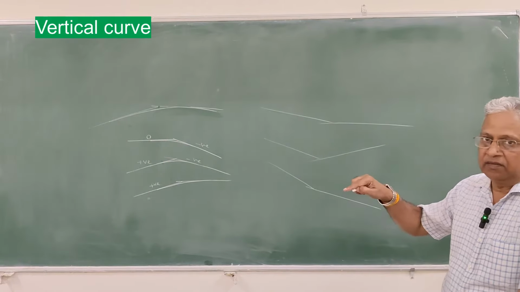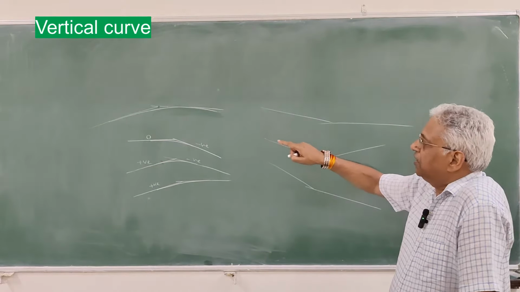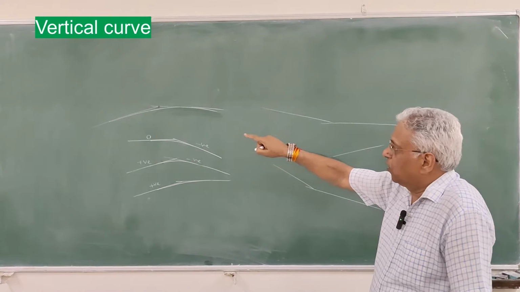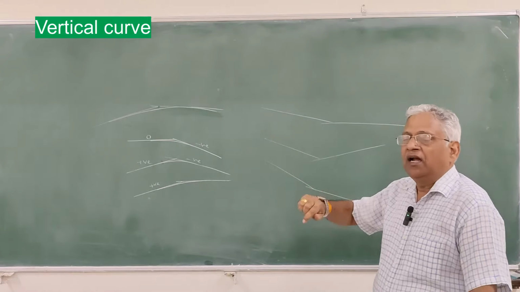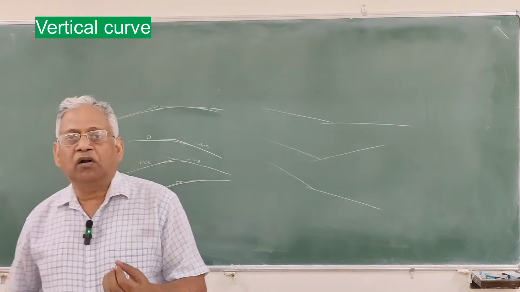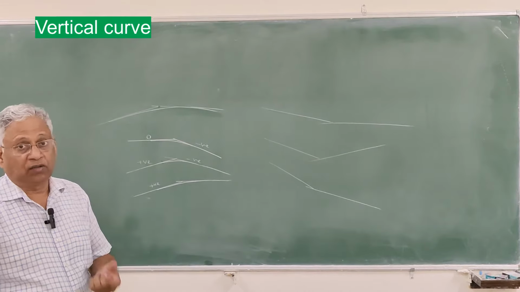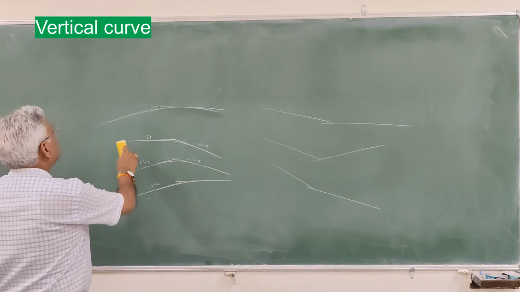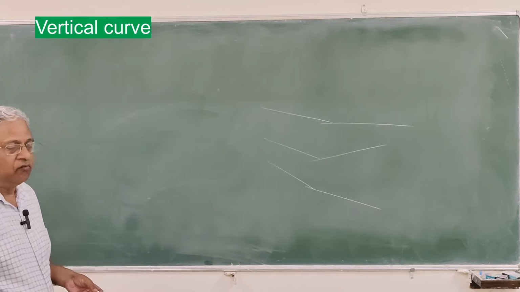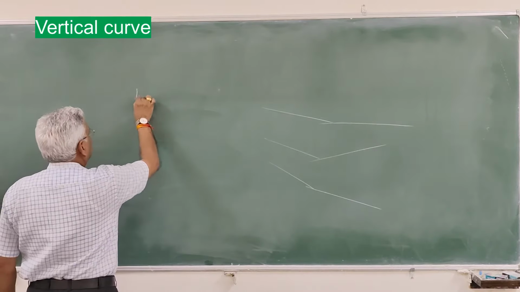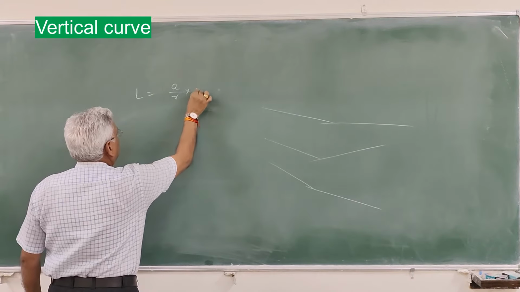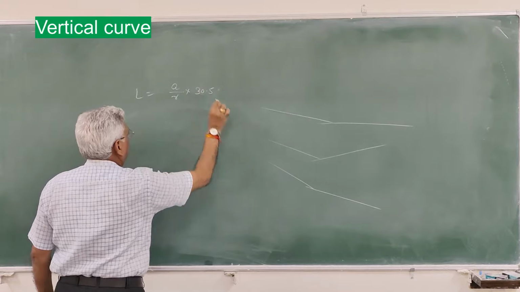Length of vertical curve depends upon the algebraic difference between two gradients, gradient 1 and gradient 2, and also whether the curve is summit curve or valley curve or sag curve. And the equation which is used to determine the length of vertical curve is L is equal to A upon R into 30.5.